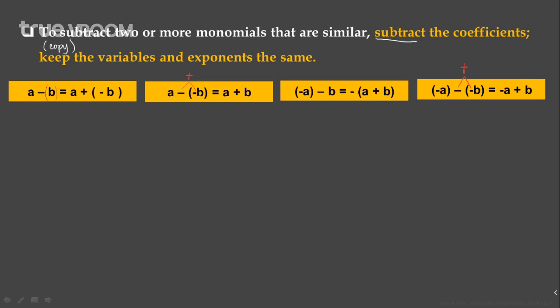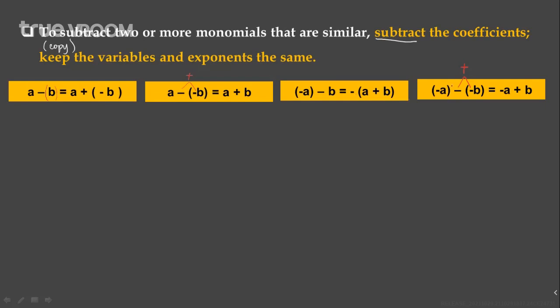Next, if the second number is negative, then change it to positive and change minus to plus. Next, if the first number is negative, minus positive, they will be both negative, so you are going to copy negative outside and add the two numbers.